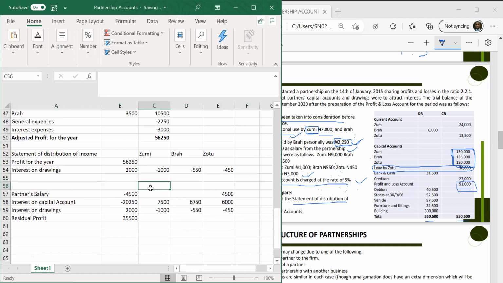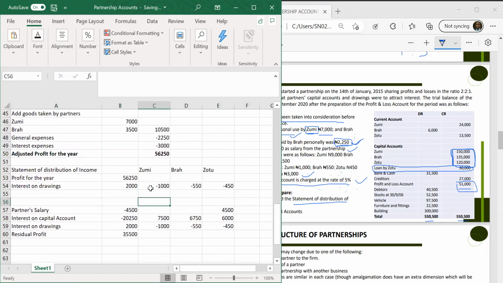So this is the profit the business made from their normal business operation, right? 56,250. But they also said they want to charge people interest. Those that withdraw money from their capital account, they will charge them interest for the year, right?